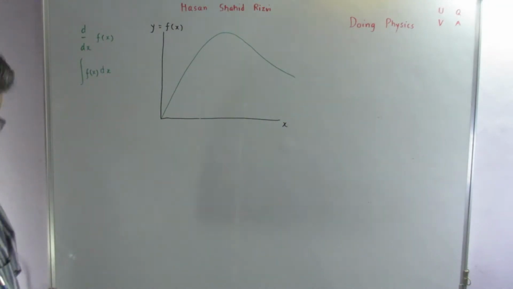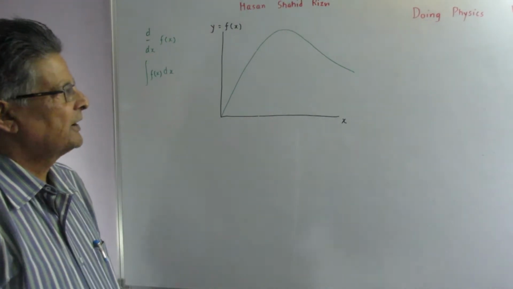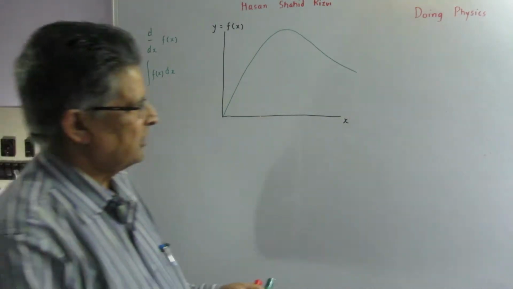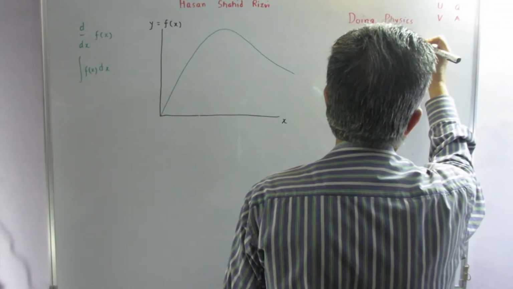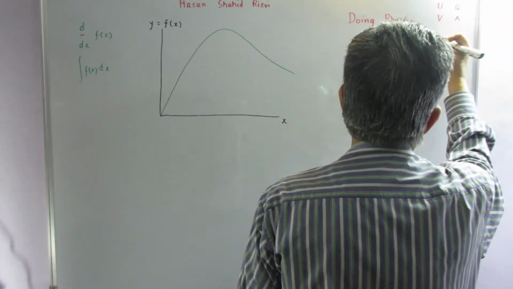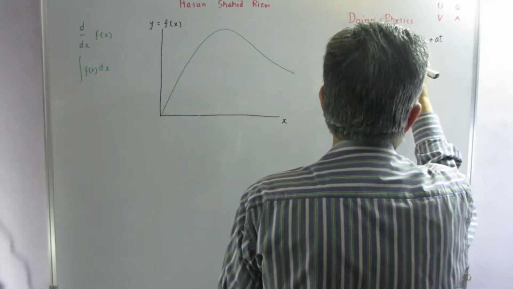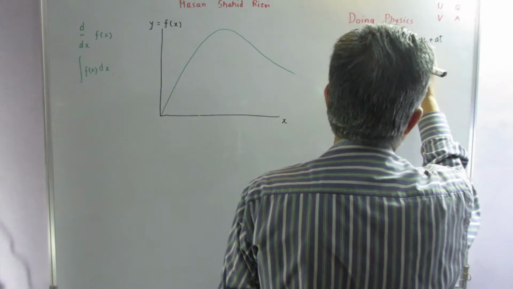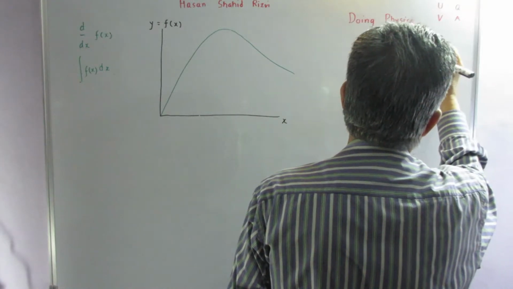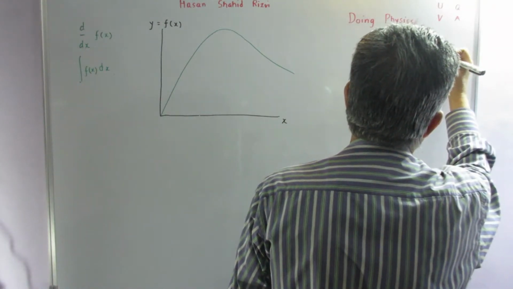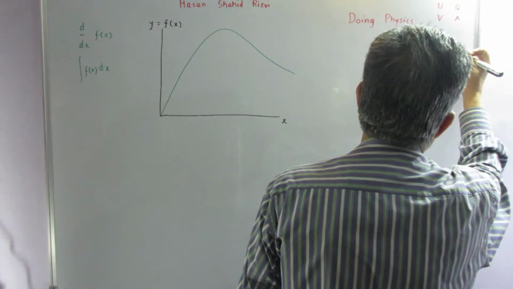So these two things we need for what I promised, that I will derive the mythical equations which I write here for reference. v is equal to u plus at, the first equation of motion, under the condition that a is constant, and s equal to x minus x naught is equal to ut plus half at square.